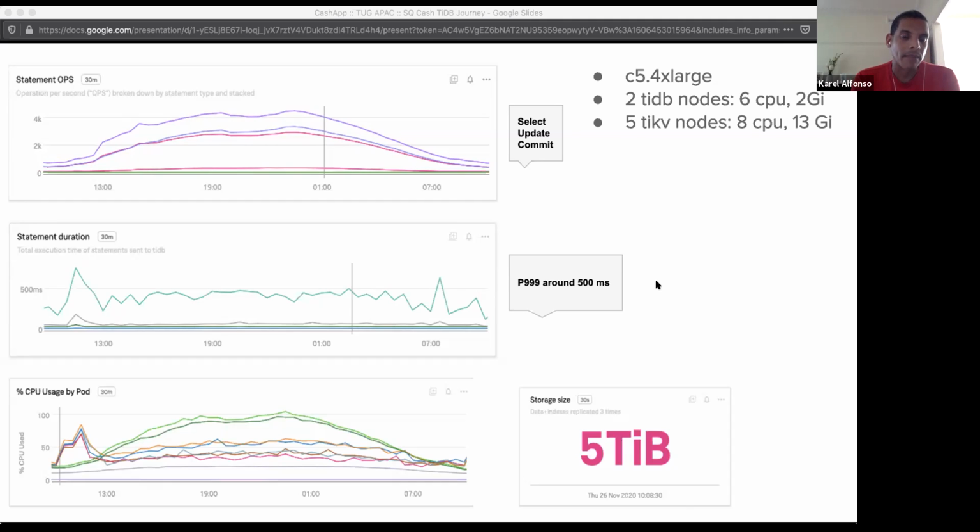As you can see, the P99.9 percentile for statement duration remains mostly under 500 milliseconds. We do get some load, and I think in this graph it's the TiDB nodes, something we need to fine tune. Next slide.